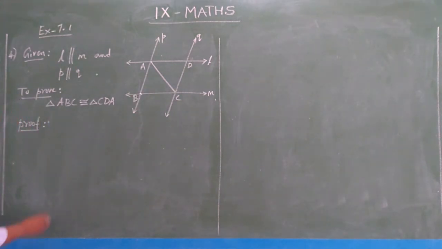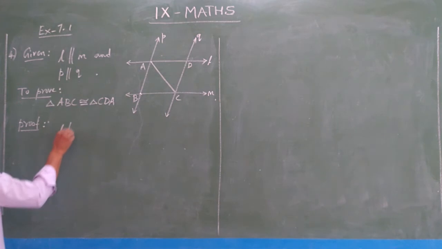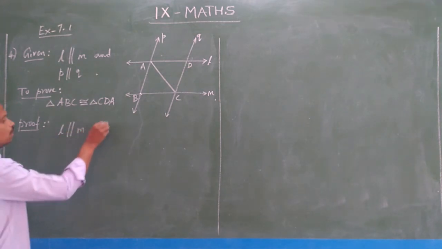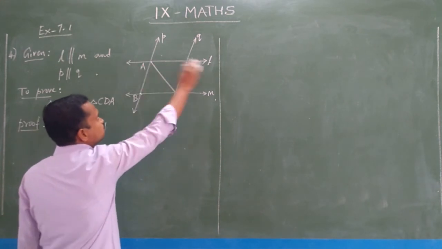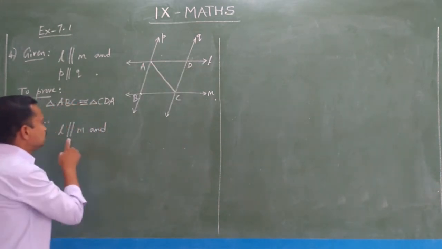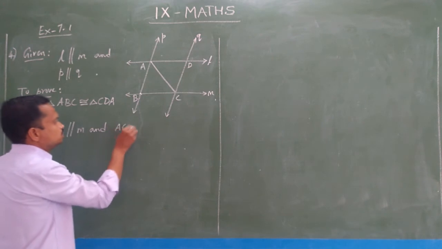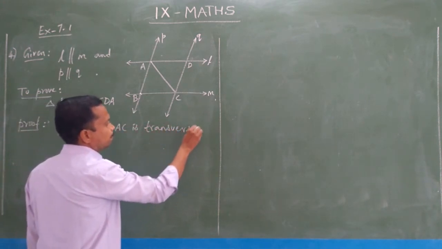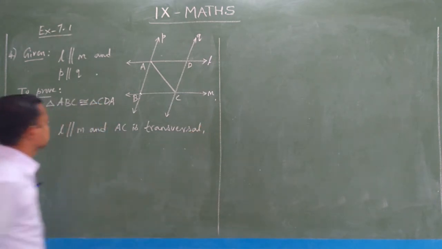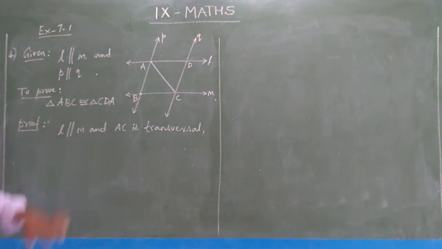So, L parallel to M, and you consider this is the transversal for these L and M. Okay, L parallel to M and AC is transversal.